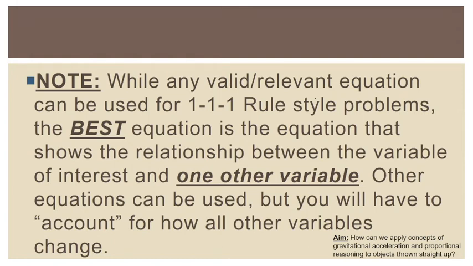Other equations can be used, but you'll have to account for how all the other variables change. And so we'll get to this in a second here, but I'd like you to go ahead and pause this here, copy that down, and when you hit play, we'll go over how to do it with the displacement equation.